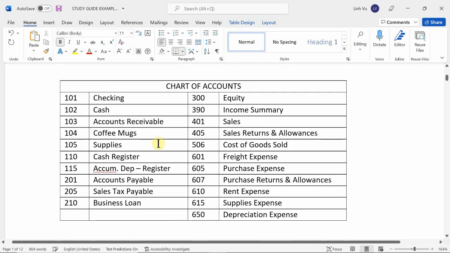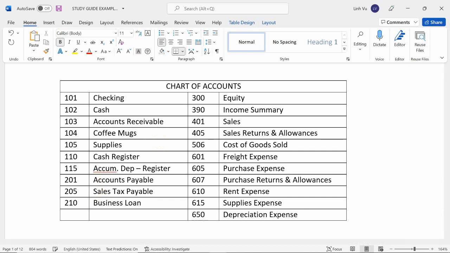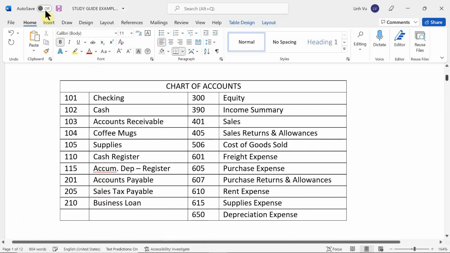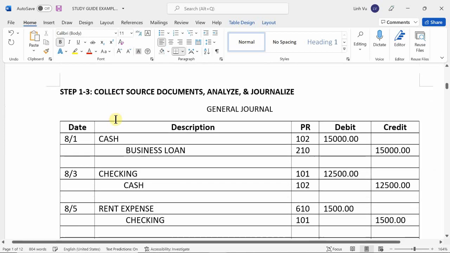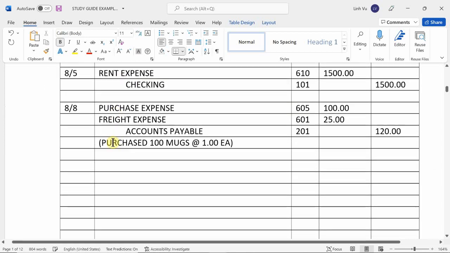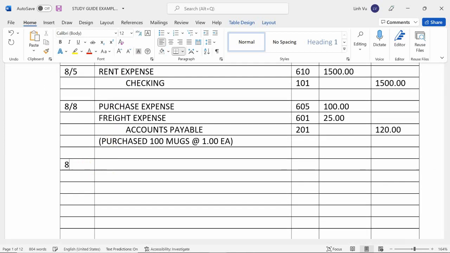So let's see. Here you go. I have supplies right here, 105, and I bought it with cash, so I paid it with cash, so 102. And it is August 10. Right? And I paid with cash for $65.